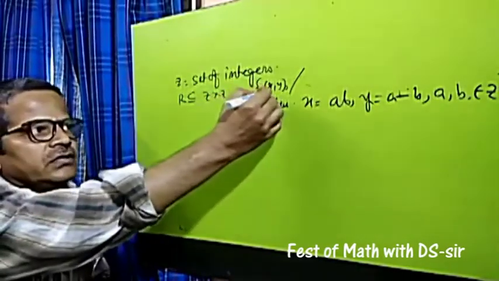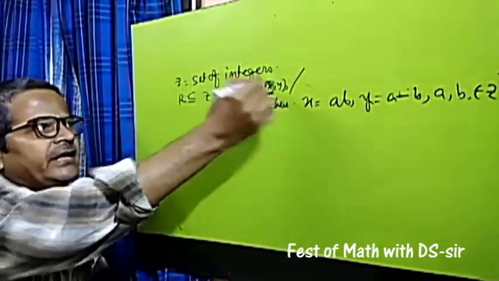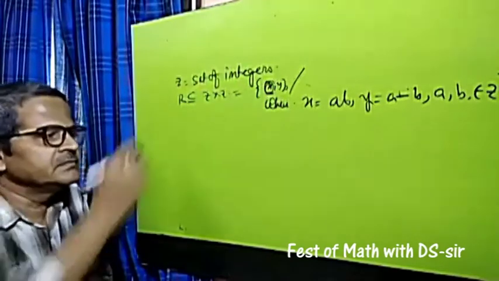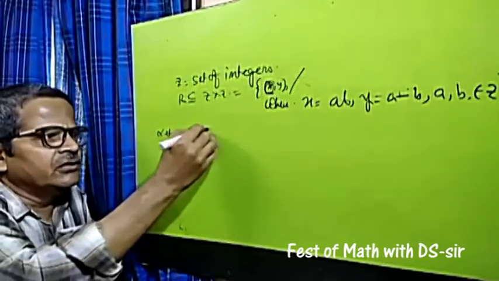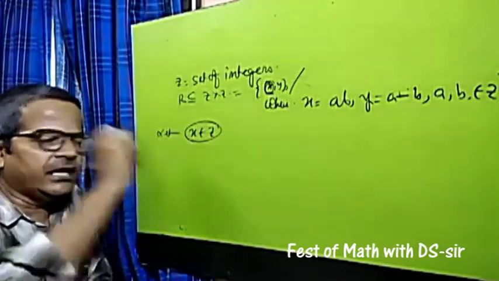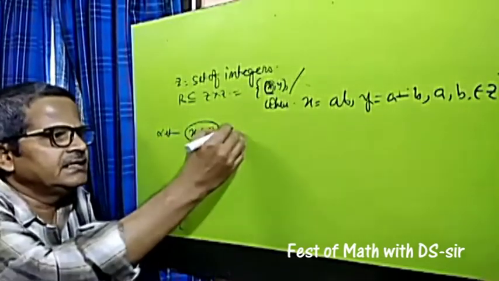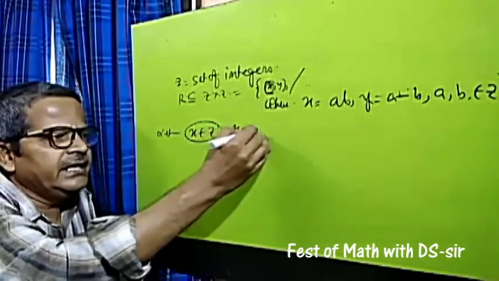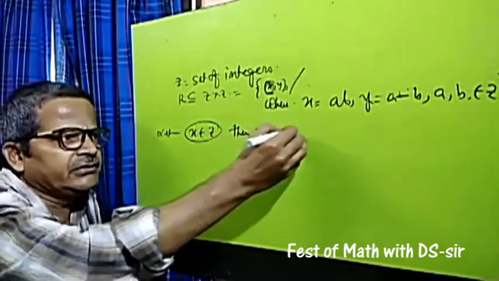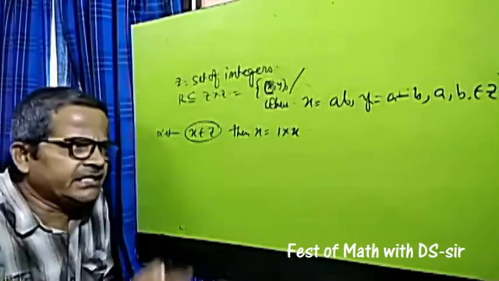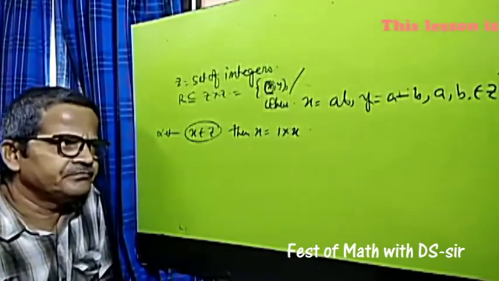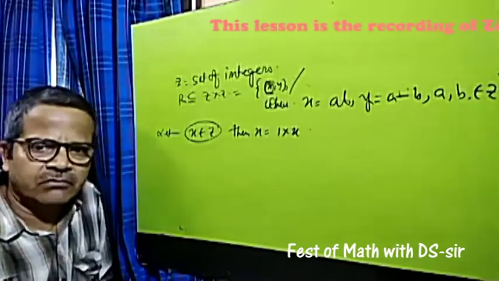So X will be an element of Z. Let X belong to Z. We consider an arbitrary element of Z. Then X is equal to 1 into X. Any integer can be written in this form.